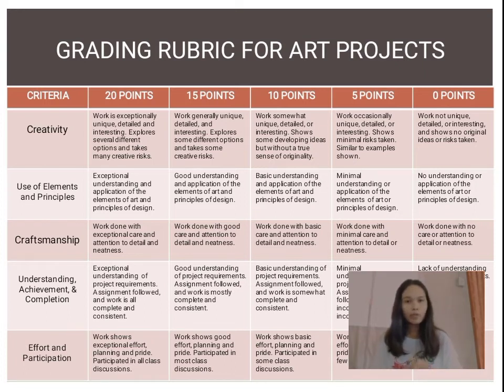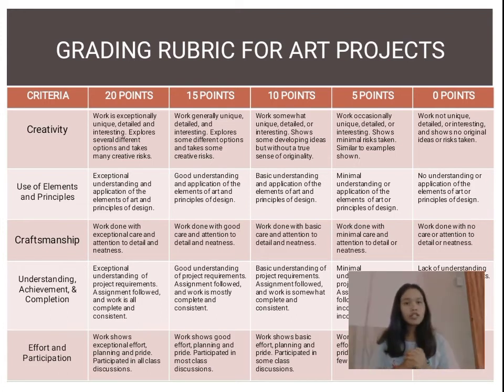He or she will be given 20 points if he exhibits exceptional understanding and application, 15 points if he exhibits good understanding and application, 10 points for basic understanding and application, 5 points for minimal understanding or application, and 0 points if he exhibits no understanding or application of the elements of art and principles of design in his artwork.